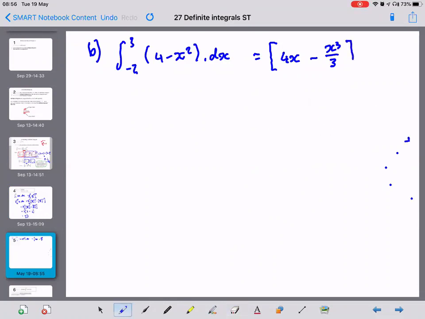Close the brackets and put our limits in, which are 3 and minus 2. So that's integrated the function. Now we're going to evaluate it. Notice the constants of integration have been ignored.